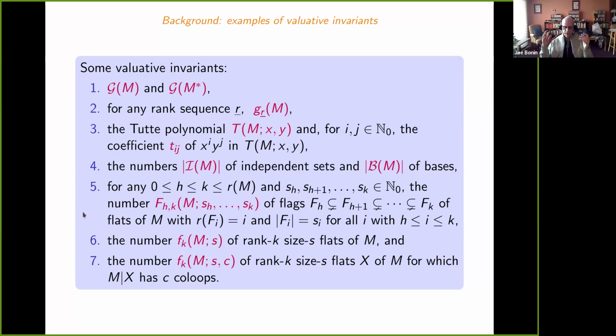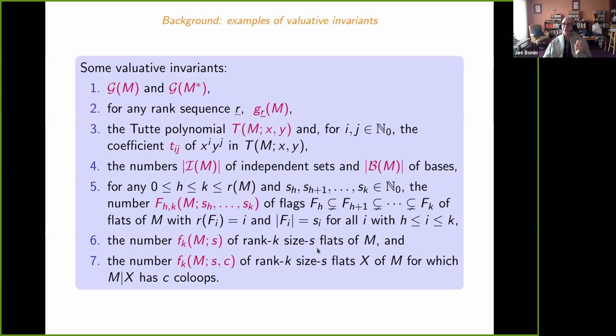If you pick 2 particular ranks, H and K, and for each rank in between those, pick a size, and then you look at all of the flags of flats of those ranks with those specified sizes, the number of those flags is a valuative invariant. A particular case of that is the number of flats of a given rank and size.